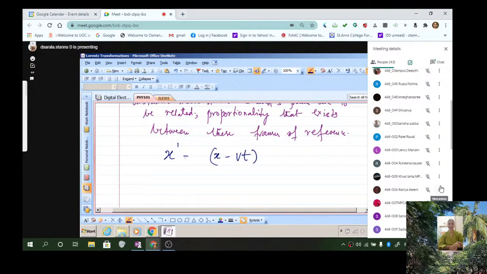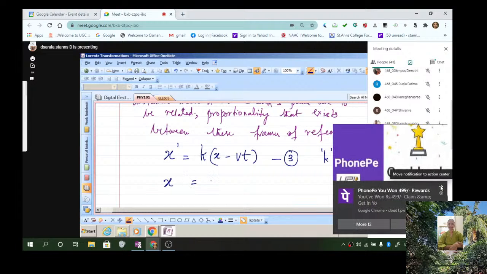Instead of making this equal, let us write some constant k, and we call this k as some constant. K is a constant. Since velocity is same, you can write like this. So if you write x dash is equal to k into x minus vt, similarly I may write x is equal to k into x prime plus vt prime. How am I writing?